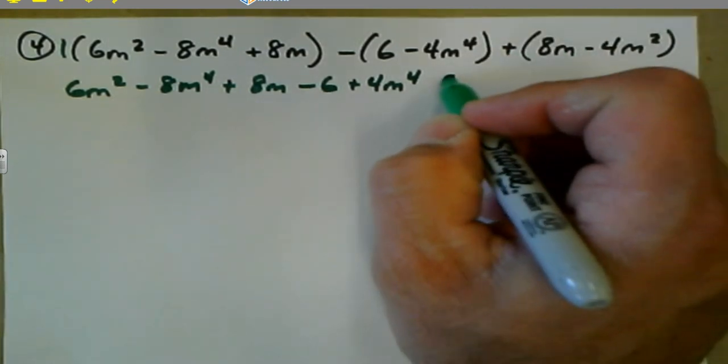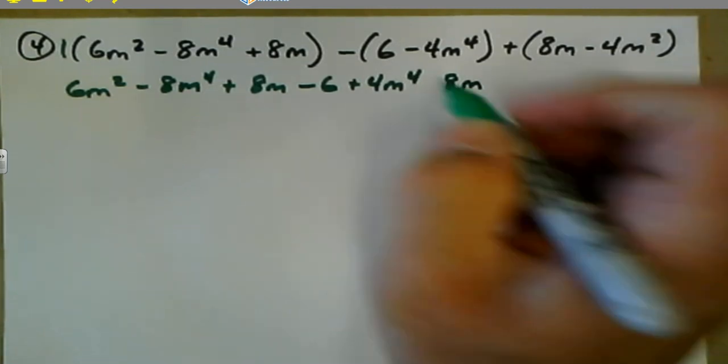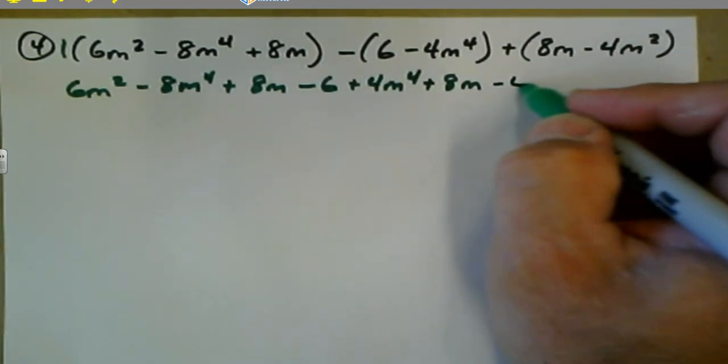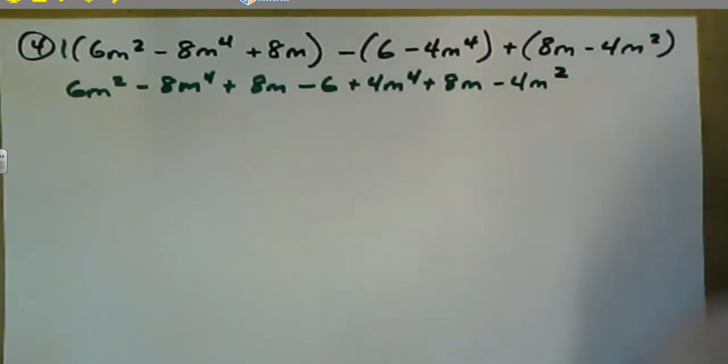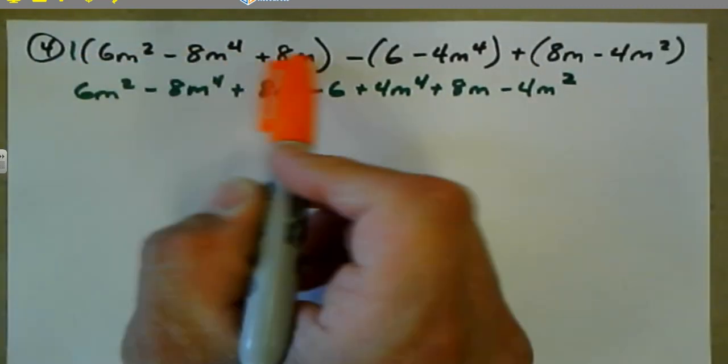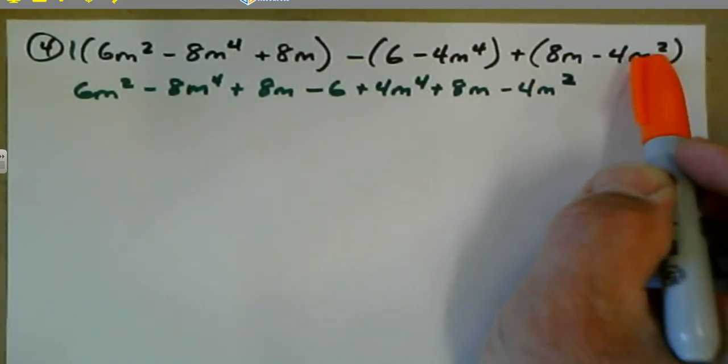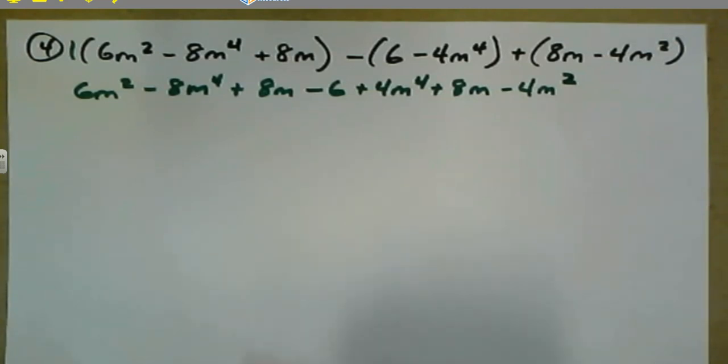But one thing that we want to do, don't put just 8m. Make sure you put a plus in there. And then it's still negative 4m to the second. We left them, we changed them, we left them. Start with our 4s, our m to the 4s.